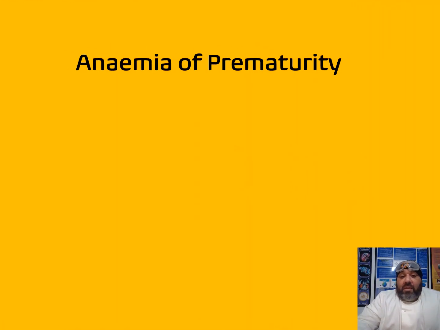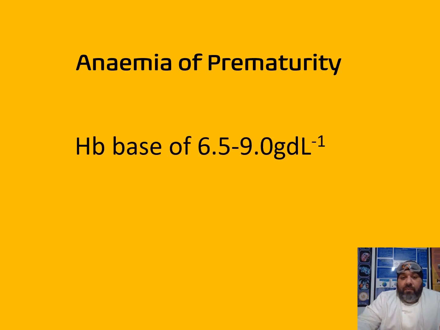In relation to that as well, there's anemia of prematurity. So, for example, where generally the hemoglobin can be in the range of 6.5 to 9 grams per deciliter, or potentially less.